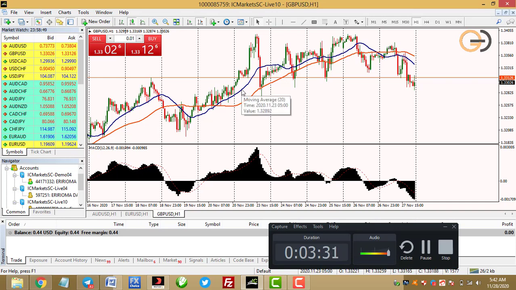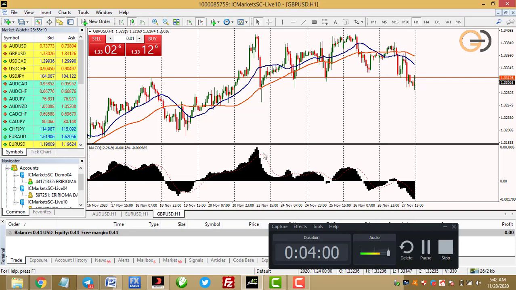The moving averages are indicators that help you to see how price has been moving over a period of time. For example, the 20 period moving average is to show you how price has moved in 20 periods of the price movement. Okay, and also the 50 moving average helps you to know price movement in 50 periods. Okay, the period of time of price movement.